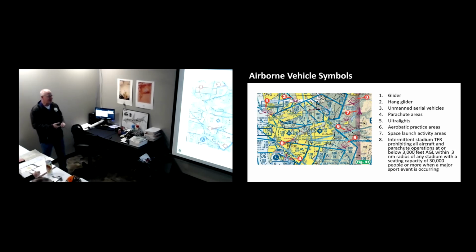Number 8 is showing an interim stadium TFR. It's not really showing a TFR, but you can see number 8 has a diamond. That's indicating that there's a stadium there.